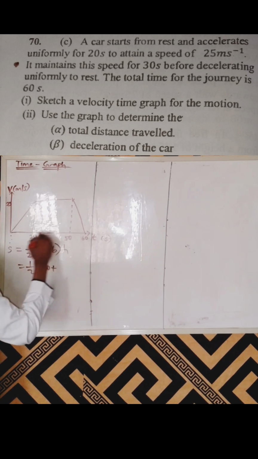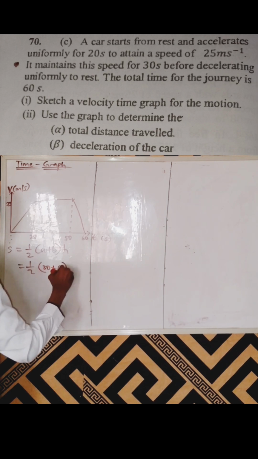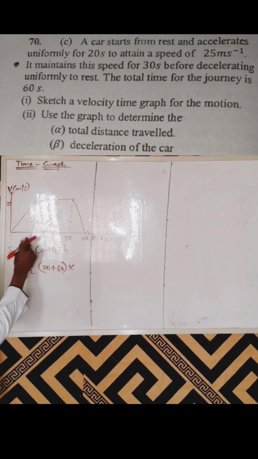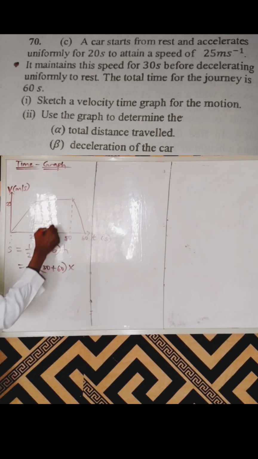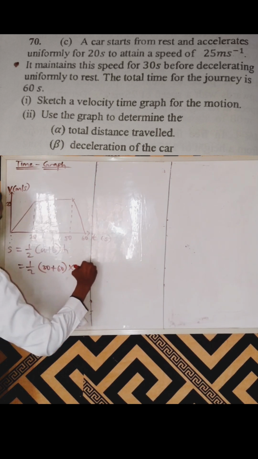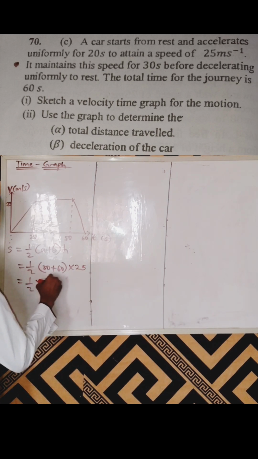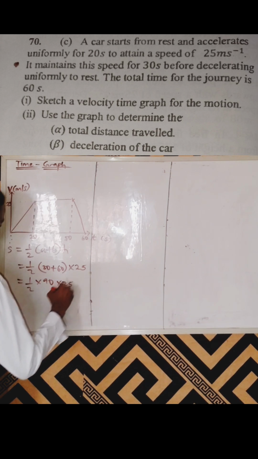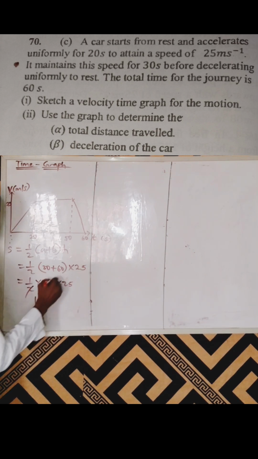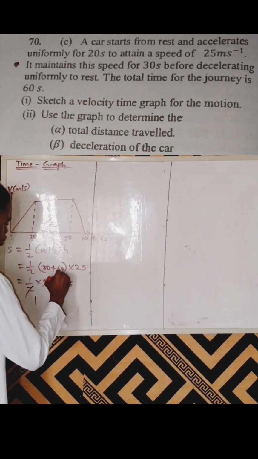You can see that it's 60 times the height, and the height from here to here is 25. Now that is equal to 1 over 2 times 30 plus 60, that's 90, times 25.